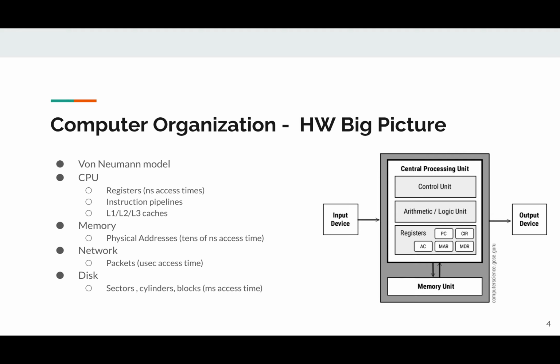So that means that data in an L1 cache can be accessed faster than data in an L2 cache. If we go down to the random access memory, the RAM of the system, which is outside of the CPU, then these accesses might take tens of nanoseconds, as I mentioned here. Or if we want to access something on the network, then we might go into microsecond access time, because we might have to talk to our network card to see what is in its own memory.